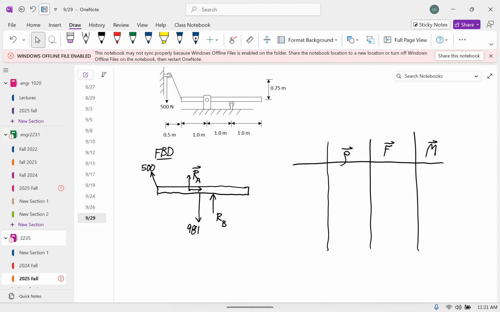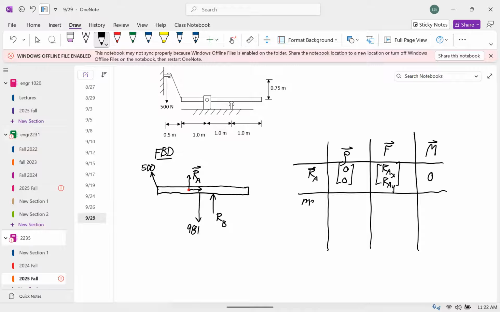Okay, so I'm going to make this my about point. You can put it anywhere you want. So for RA, the rho vector is 0, 0. The force vector is RAX, RAY. Cross product is 0.